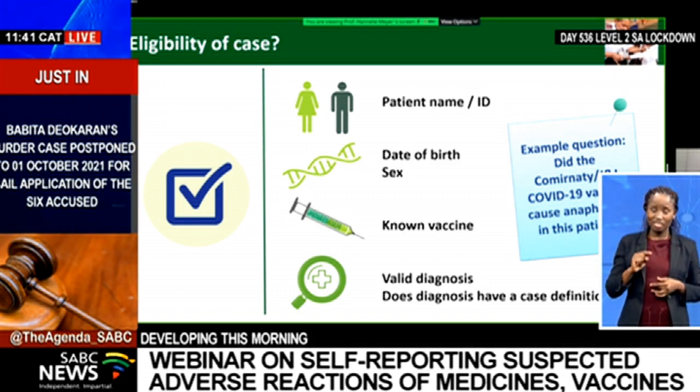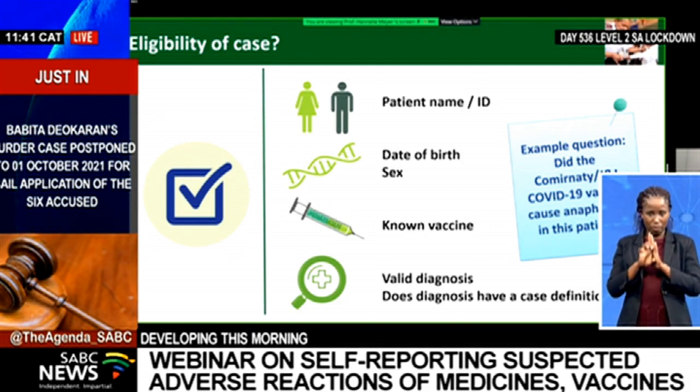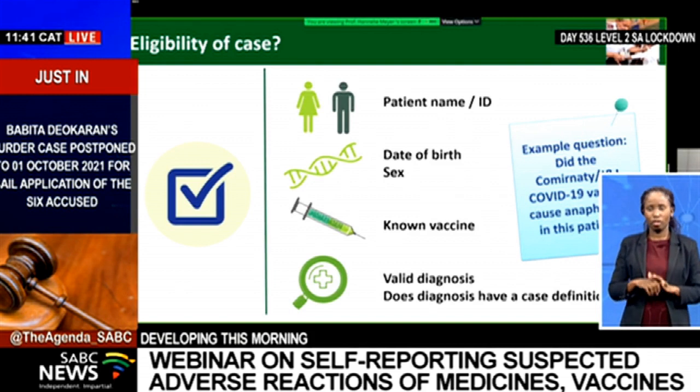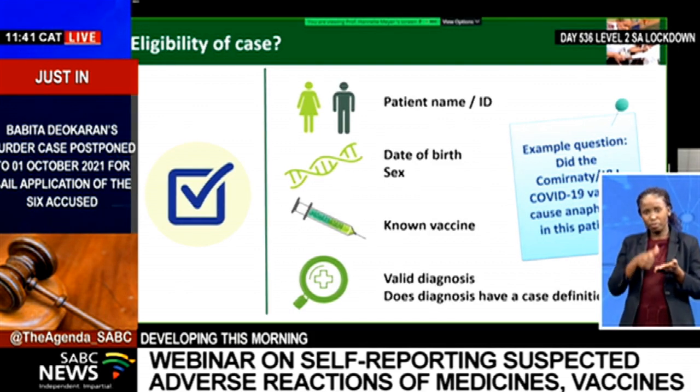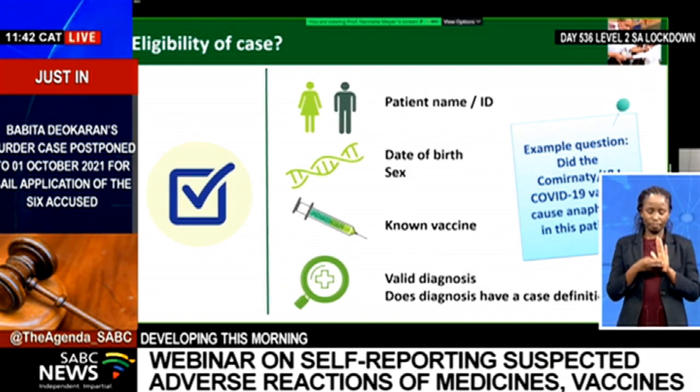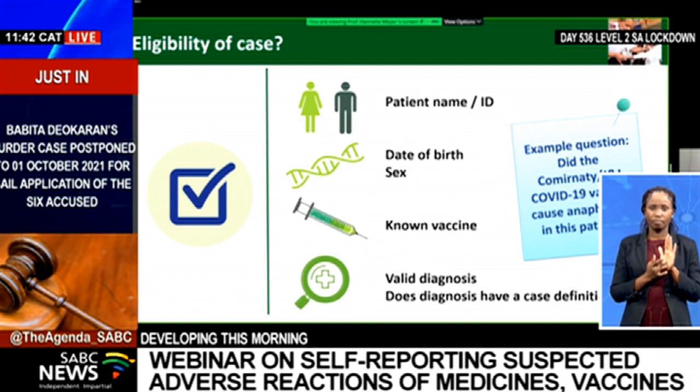Valid diagnosis means there must be a case definition for that diagnosis. So to give you an example, death is not a valid diagnosis because there must be a cause of the death. If you don't have a valid diagnosis, for example, if you have a couple of notes from a doctor or from a hospital, or maybe no notes at all, and you don't have an autopsy report, you cannot come up with a specific diagnosis.